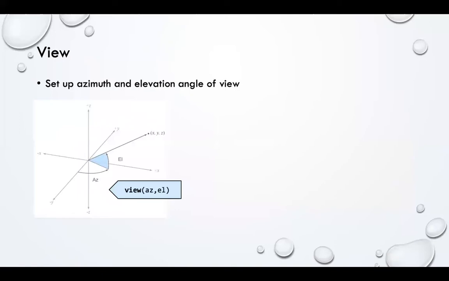Another important thing is how we want to see our 3D plot. The 3D plot is easy: as long as you have data, you just use one command and you finish it. The thing is how you want to see it. Previously you saw the default setting for Matlab, and you can change the azimuth and elevation angle to view it.